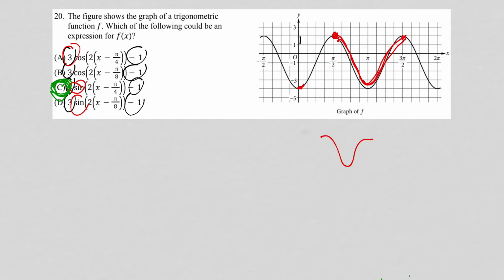So another answer, which wasn't a choice, would be 3 cosine bracket, still a 2 here because the period would still be pi, so 2 pi over pi is 2, parentheses, x, but now we're shifted to the right by pi over 2, so it would be minus pi over 2, plus 1. Now that's not one of the choices here, so it wasn't right, but that could have been a choice, and it would have been right had it been.